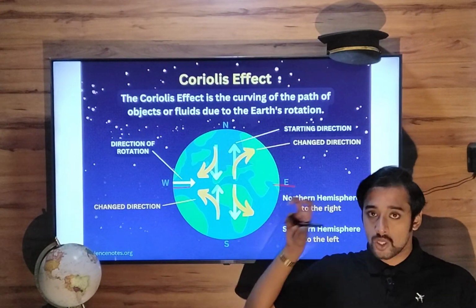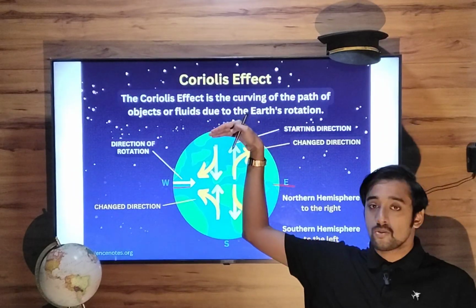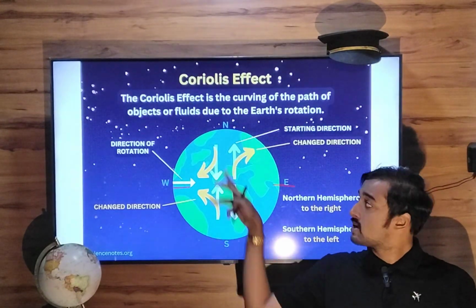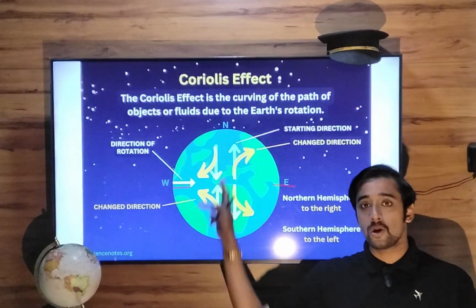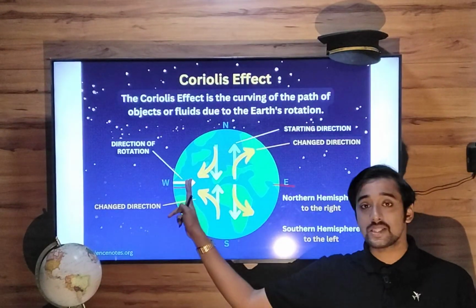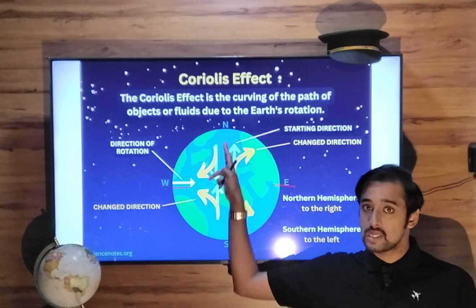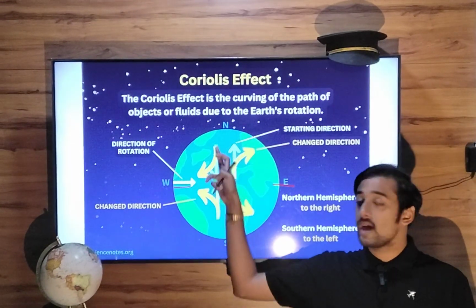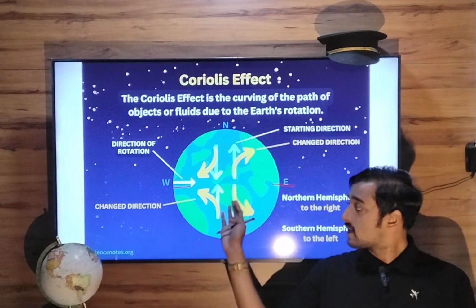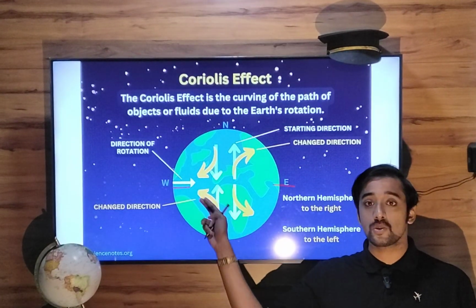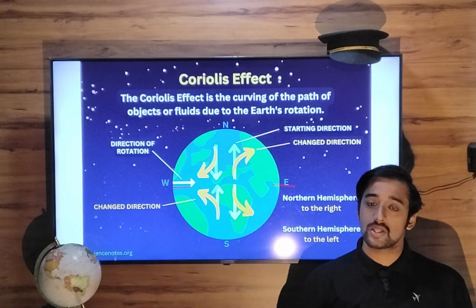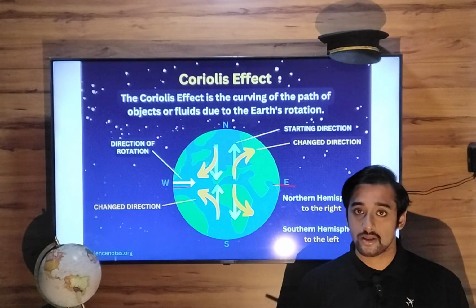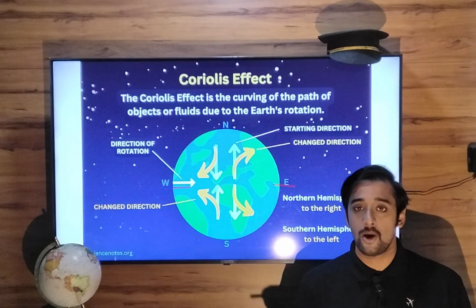If the wind in the northern hemisphere is blowing from the north pole towards the south pole, instead of going directly to the south pole, it will get curved or deflected to its right hand side. So in the northern hemisphere, the winds deflect to their right hand side. In the southern hemisphere, the winds will deflect to their left hand side. This is because of the rotation of the earth, and it creates the Coriolis effect.